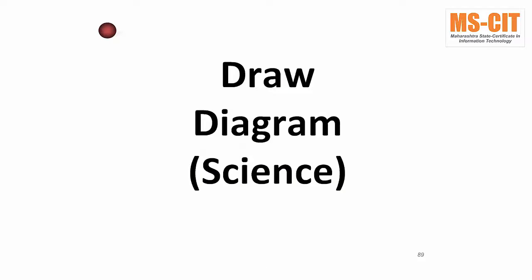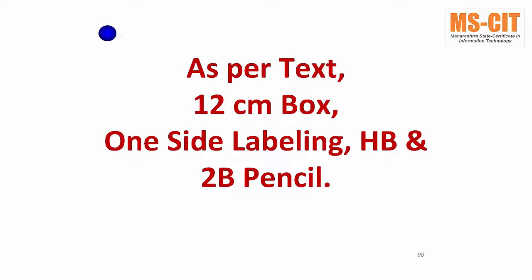Science diagram. Strictly as per the text, and I am suggesting you to draw a 12 centimeter box. One box will be there, and under that box you will draw the proper diagram. As far as possible, labeling should be on one side, but it is not a rule.